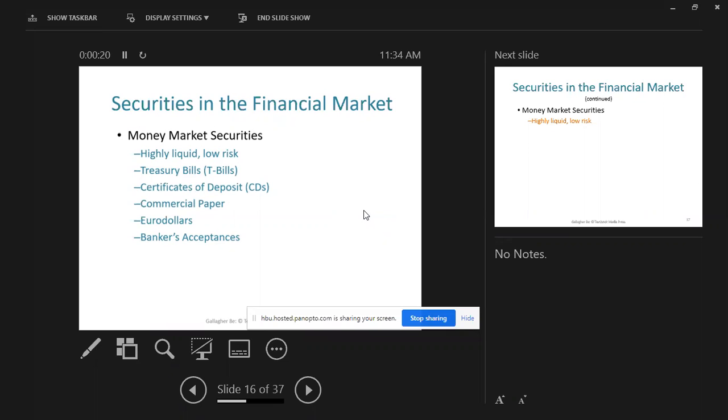T-bills are only 3 months, 6 months, or 9 months, no more than 12 months. Treasury bills are short term and issued by the federal government. Whenever you see treasury something, it is issued by the federal government.